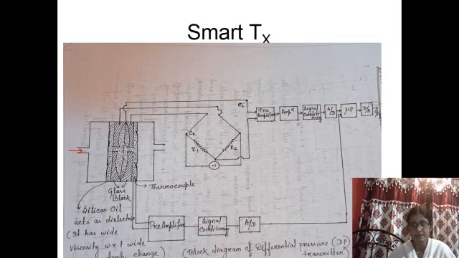But for smart transmitter, since this is programmable, this can be done through programming automatically. So these are the intelligent features, that adjustment of span and zero can be done through program, and adjustment of damping time constant or response time. And the most important point is diagnostic check or status check of the smart transmitter.